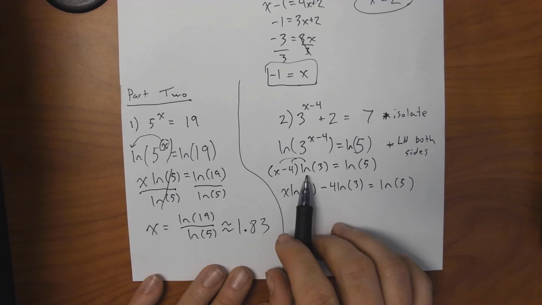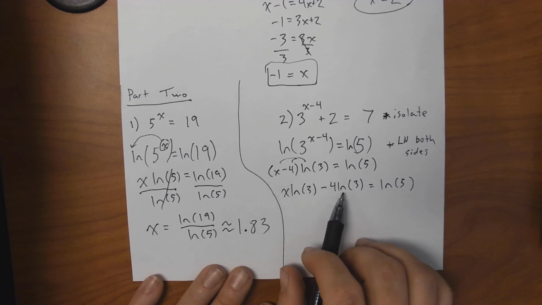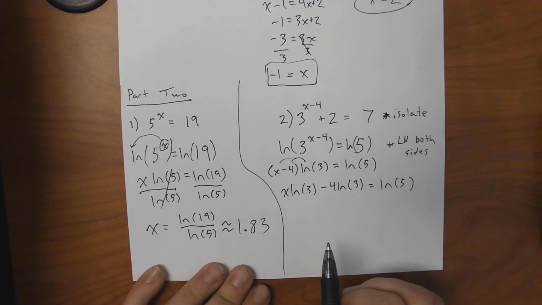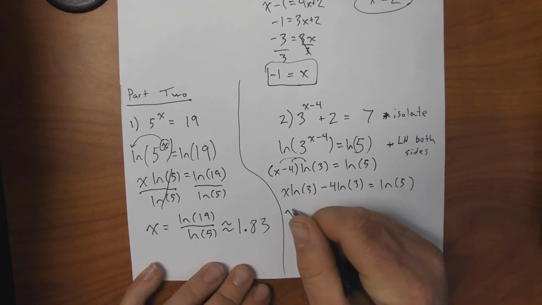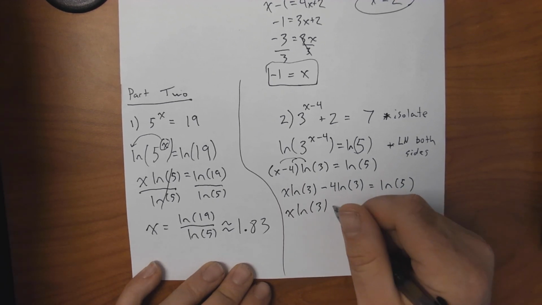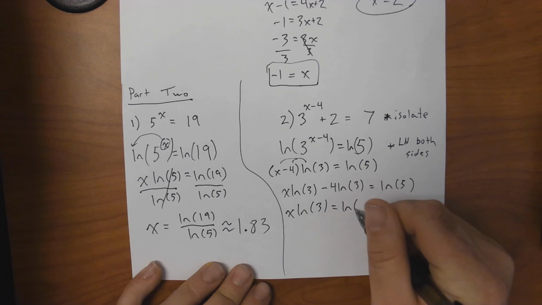So all I did there is distribute ln of 3 times x, ln of 3 times 4, so you can see there. I'm going to go ahead and add 4 ln of 3 to both sides.